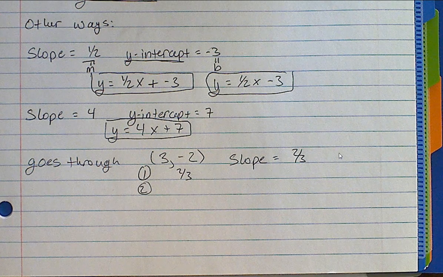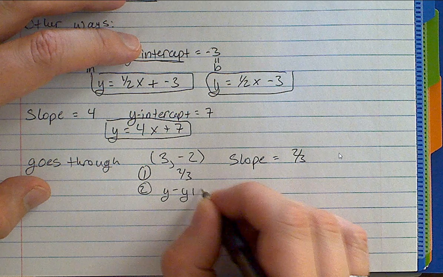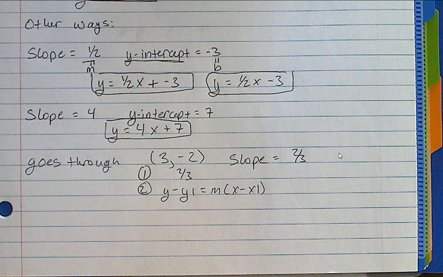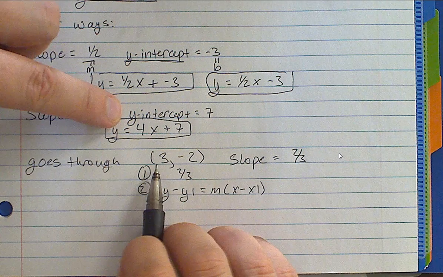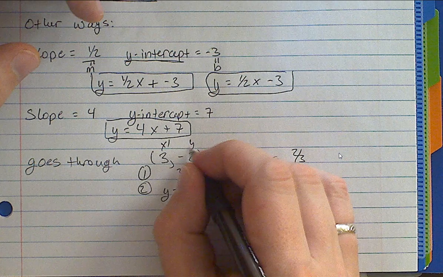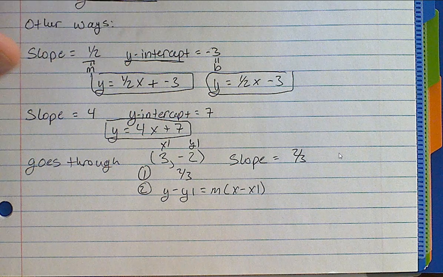Step number 2 is using that formula I gave you, which was y minus y1 equals m times x minus x1. Since this is the only point I have, this is x1 and this is y1. Only point I have, no ambiguity to it.